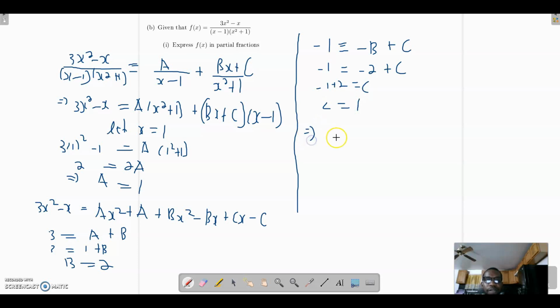So in partial fractions, this becomes A, which is 1 over x minus 1, plus Bx, so plus 2x, plus C, all over x squared plus 1. So that is it in partial fractions.